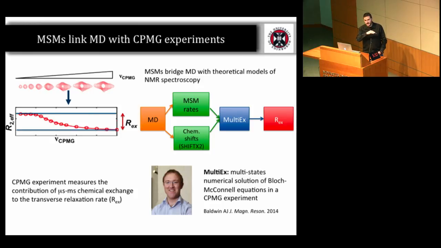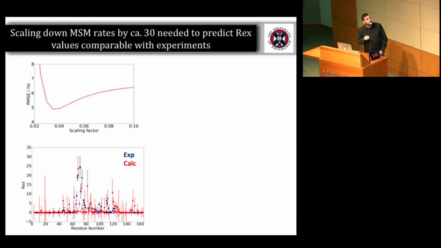We were just getting flat lines, which hinted that the rates were way too fast. So we took the naive approach of just scaling down the rates of the Markov model, and we found that if we scaled them by a factor of approximately 30, we were able to nicely, or at least qualitatively, reproduce the CPMG spectra.